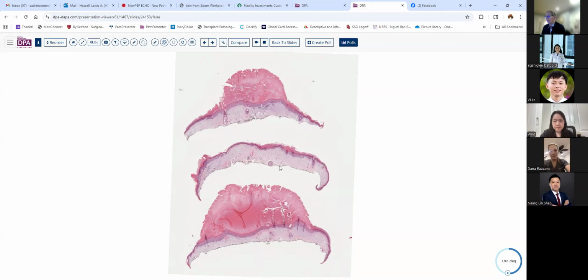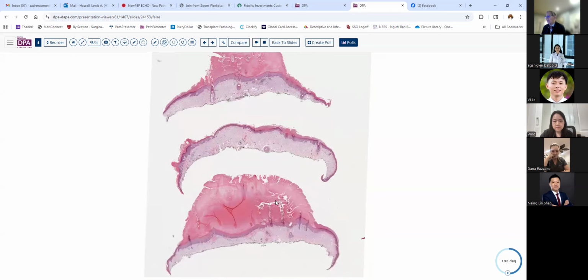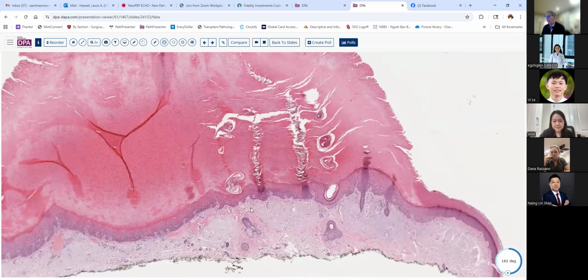And we see that it's hair-bearing skin. It's got some hair follicles here. And it also has a feature called solar elastosis. That is this very faint bluish tinge to the superficial dermis.